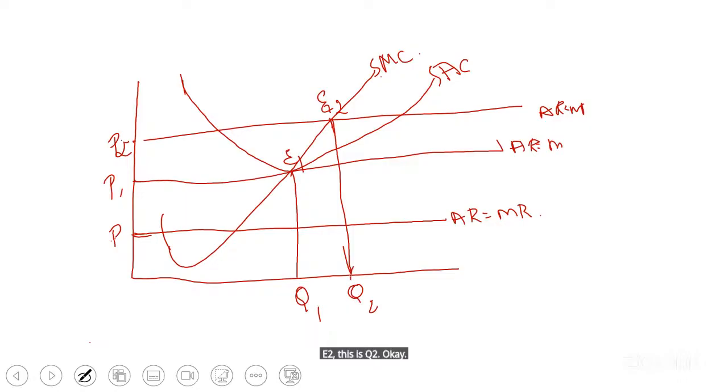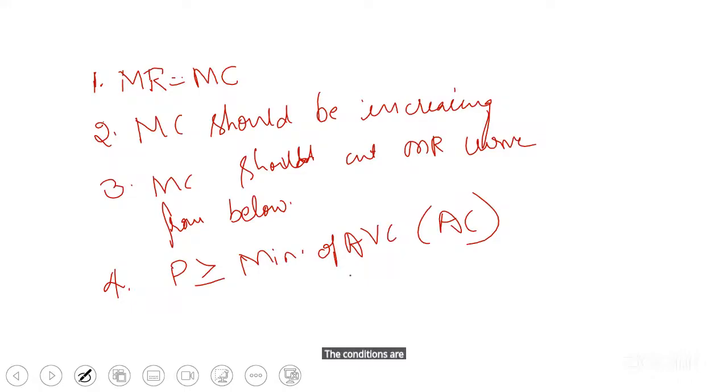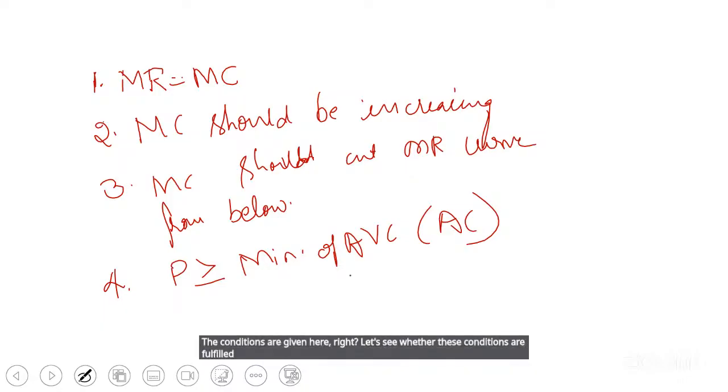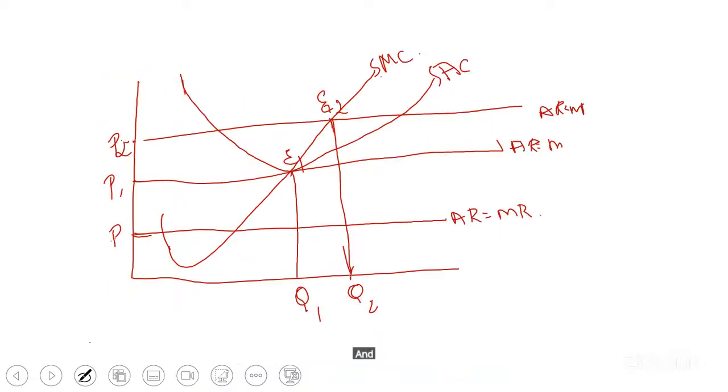Now let us understand why these two points are equilibrium points. The conditions are given here, right? Let's see whether these conditions are fulfilled in this diagram and on these points. So MR should be equal to MC. This is the MC curve and this is the MR curve.